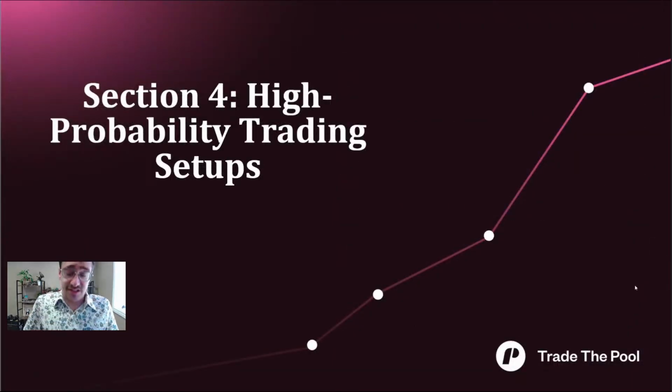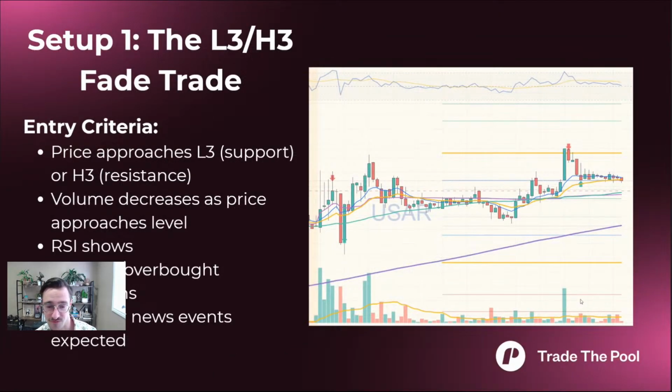So next up, let's actually hone into these high probability setups that we mentioned briefly, and we're going to use some examples here. And this is probably my favorite part. So first off, we're going to talk about the L3H3 fade trade. What we have here is actually today's intraday chart of USAR.